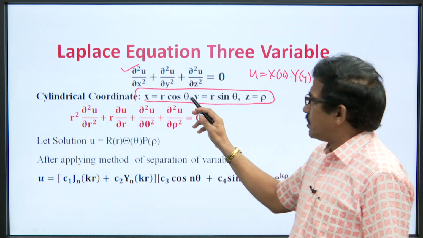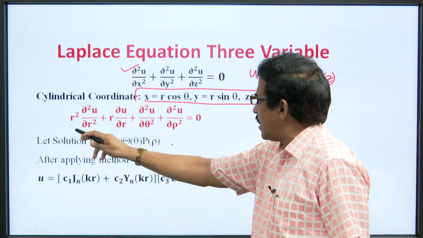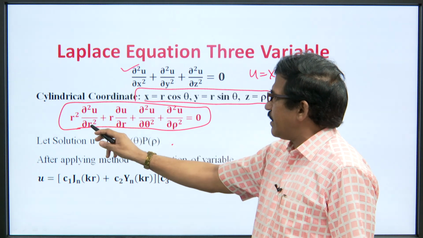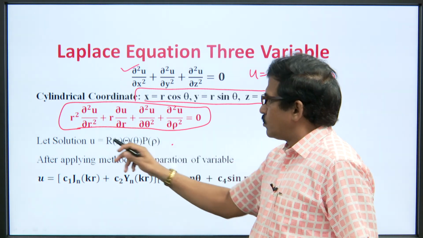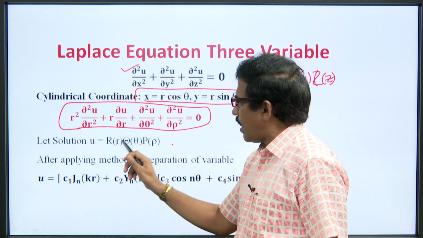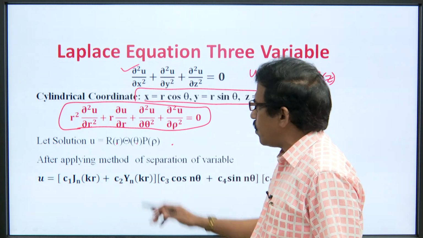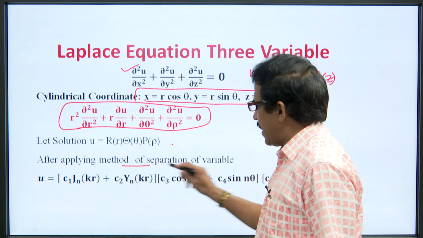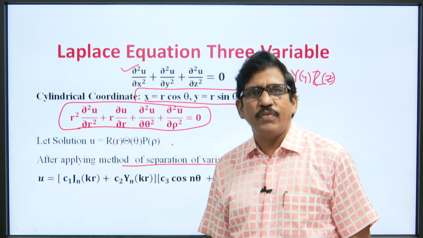When we substitute these in the equation, it becomes this. To solve it, there are 3 independent variables r, theta, rho, so our assumed solution is a function of r, a function of theta, and a function of rho, and we apply the method of separation of variables.